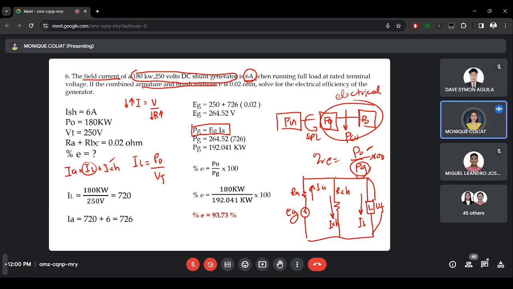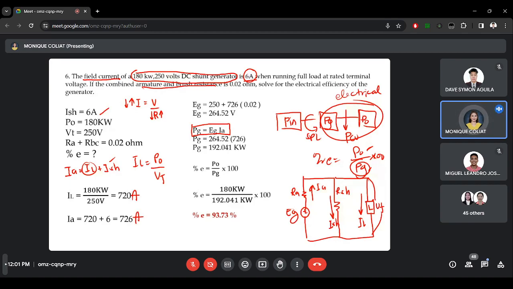VT is 250, IA is 726, RA is 0.02. Actually, that is RA plus RBC, kasi sabi ay armature and brush resistance. Okay? So, yan, 0.02. Then we will get EG, which is 264.50 volts.